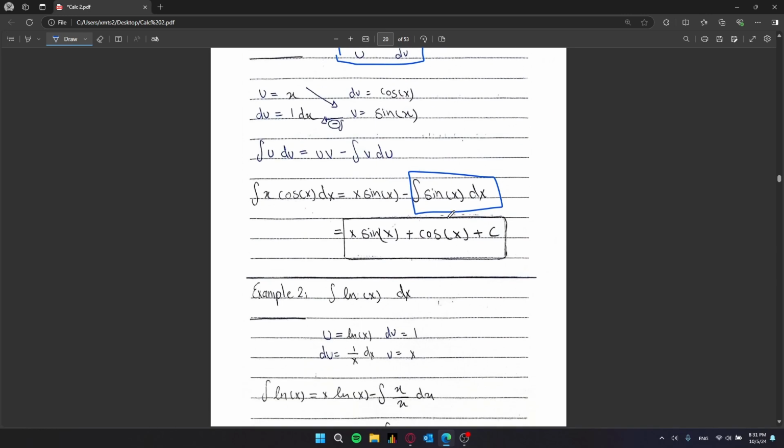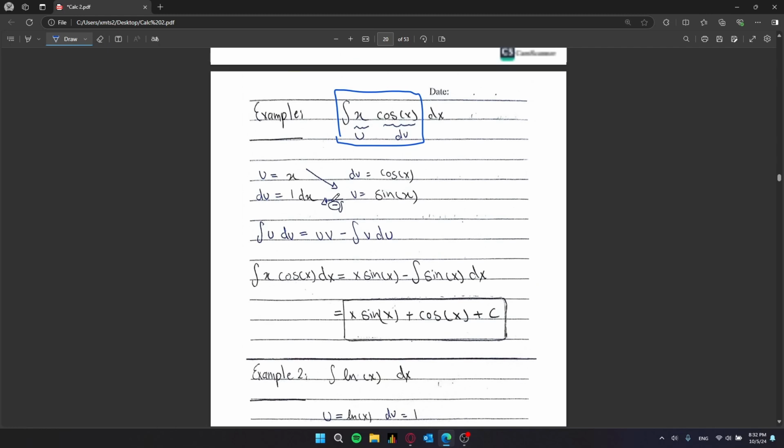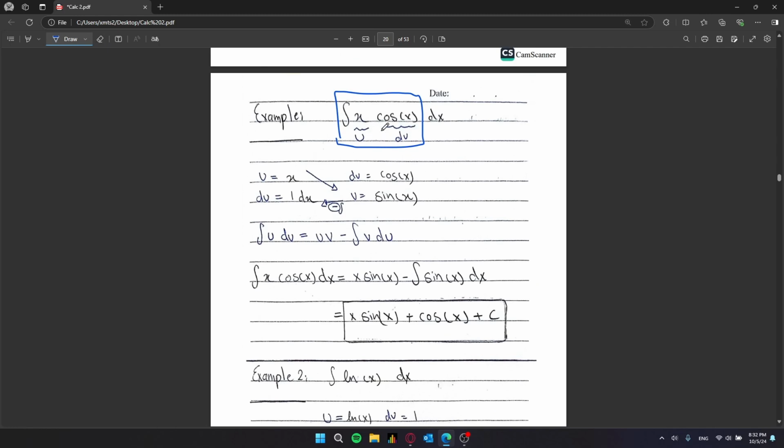If we go down to sine of x, this is going to give us minus cosine of x plus c, and minus minus, you can just replace that with a plus here, because there's a minus before it. Then now you have your final answer for the integration of x cosine of x with respect to dx.